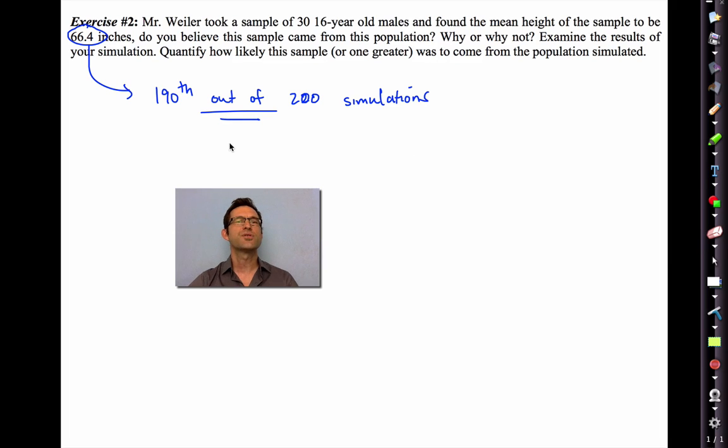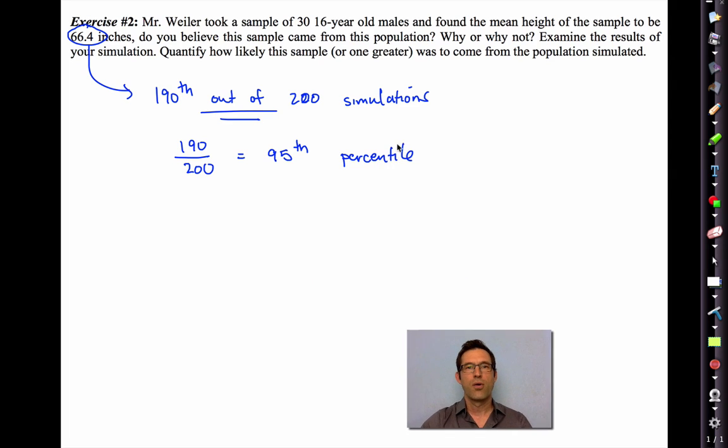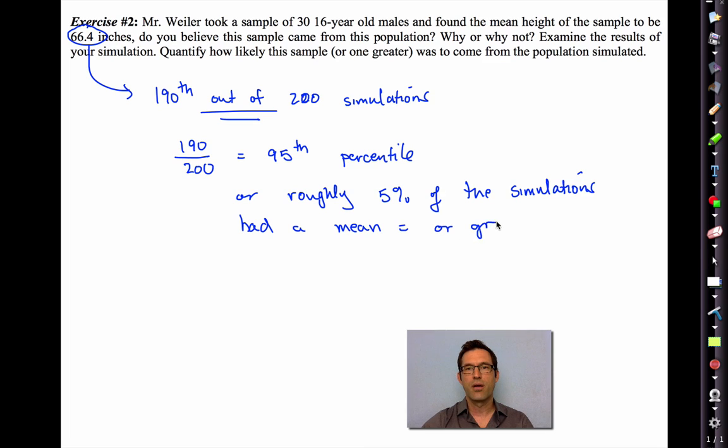If you do 190 divided by 200, that puts it at the 95th percentile, or roughly 5% of the simulations had a mean equal to or greater than 66.4. So what does that really tell us?